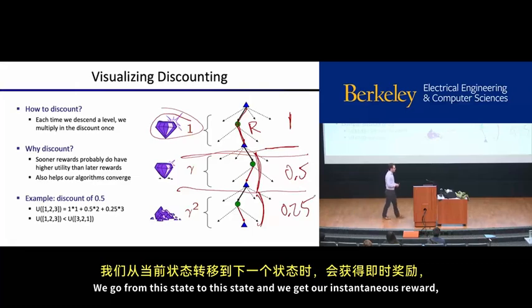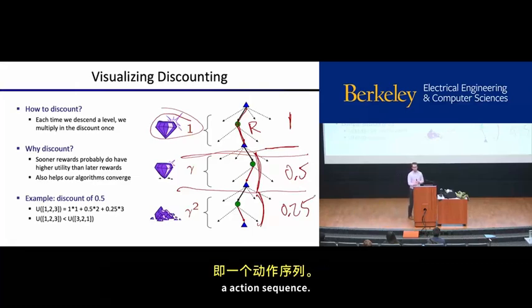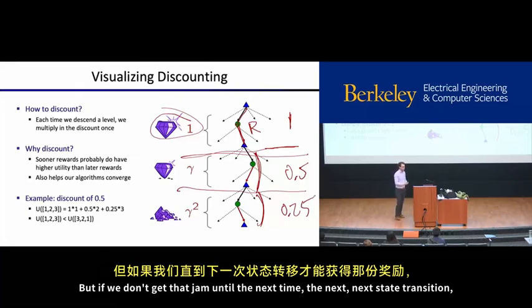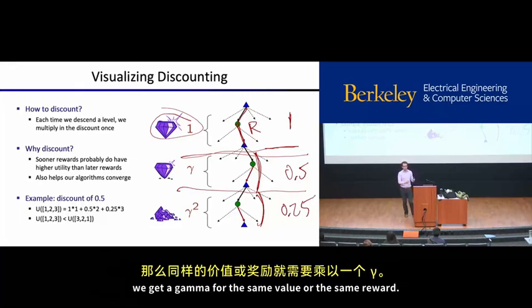So if I see the same rewards but in a different order, where I get the big rewards first, I'm going to prefer that because it amounts to a higher expected sum of discounted rewards. So discounting allows us to trade off between getting big rewards early versus big rewards late. That's nice.